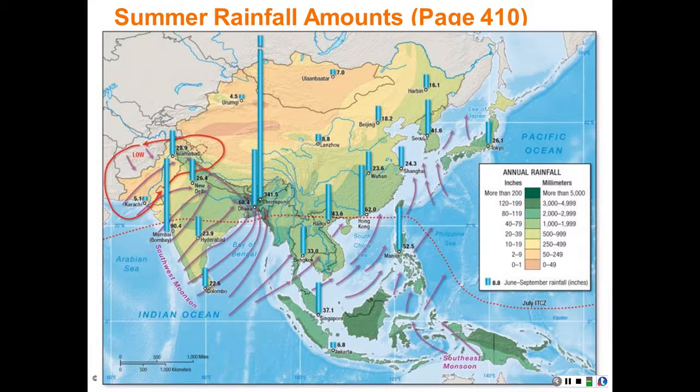We have high population density, and we have these cyclonic storms that periodically run up the Bay of Bengal into the delta of the Ganges River and create human disasters as people really have no place to go, and the population is so incredibly dense. It creates a very dangerous environmental condition for the people who live in this location.